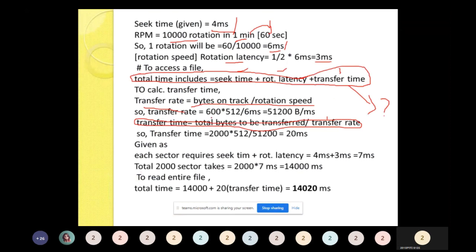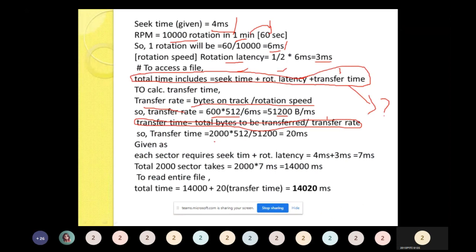So 600 into 512 divided by rotation speed, I'm getting the transfer rate.